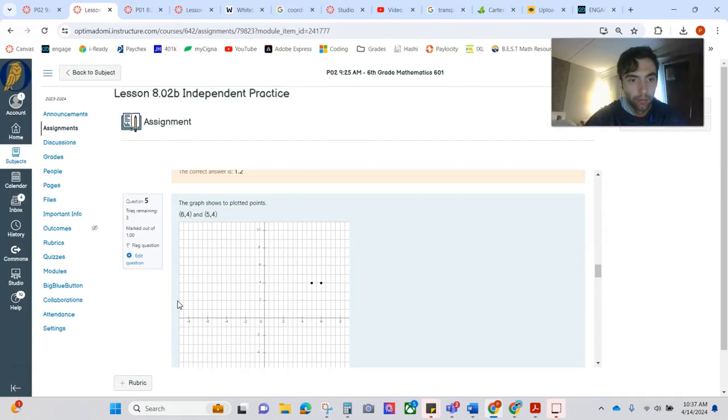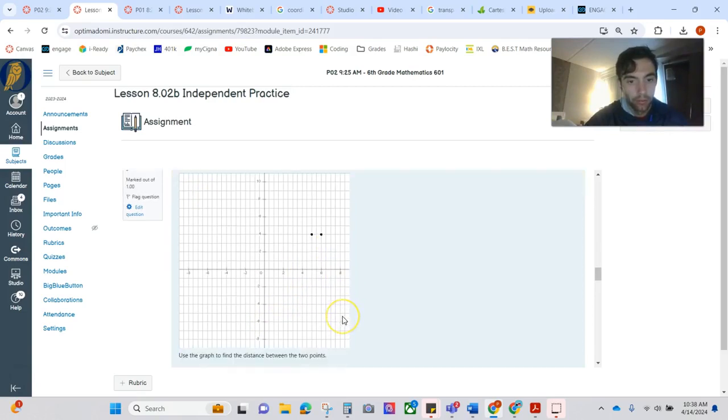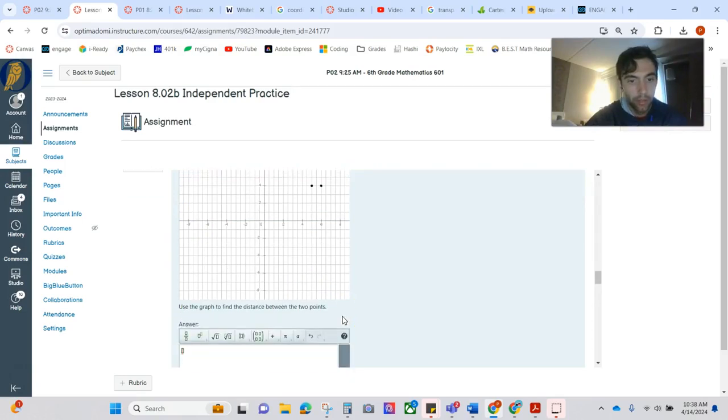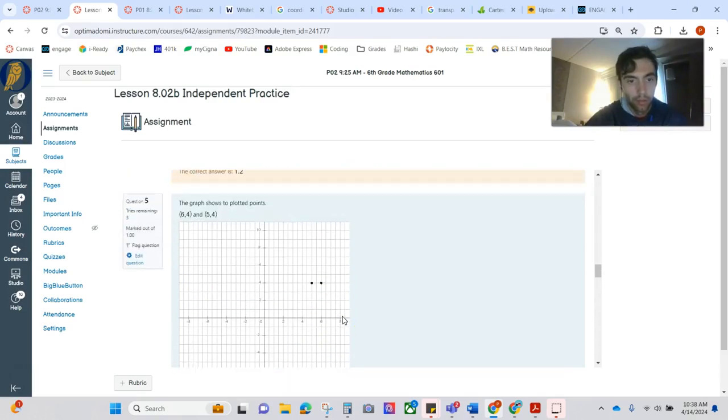Question 5. The graph shows the plotted points over 6 from the origin and up 4 from the x-axis, and over 5 from the origin and up 4 from the x-axis. Use the graph to find the distance between the 2 points. Oh, tricky.